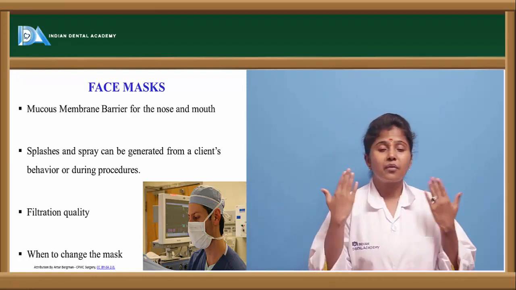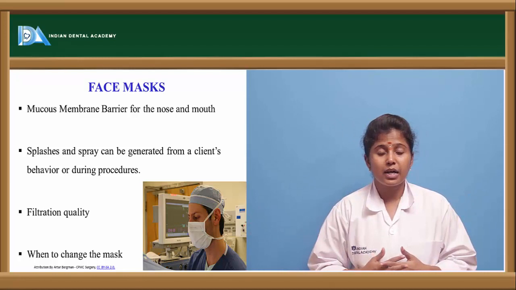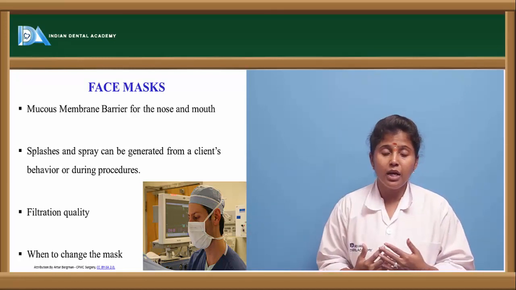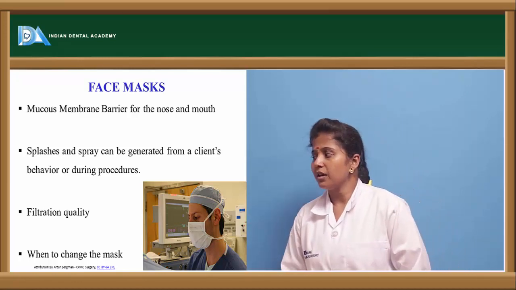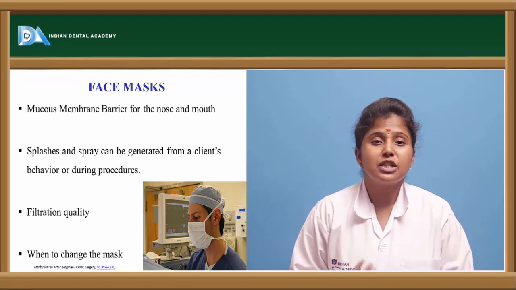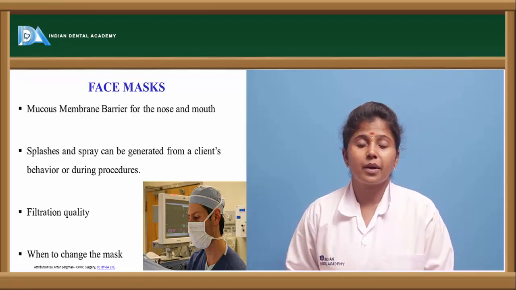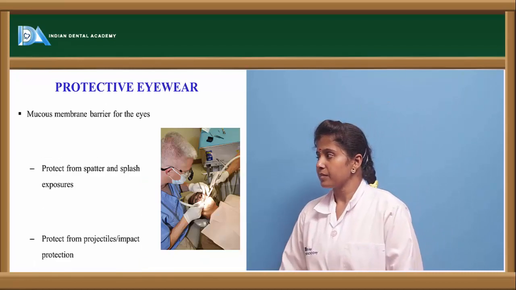In order to prevent that, we need to wear a face mask so that the infection won't enter our oral cavity. And we need to change the mask on a regular basis.